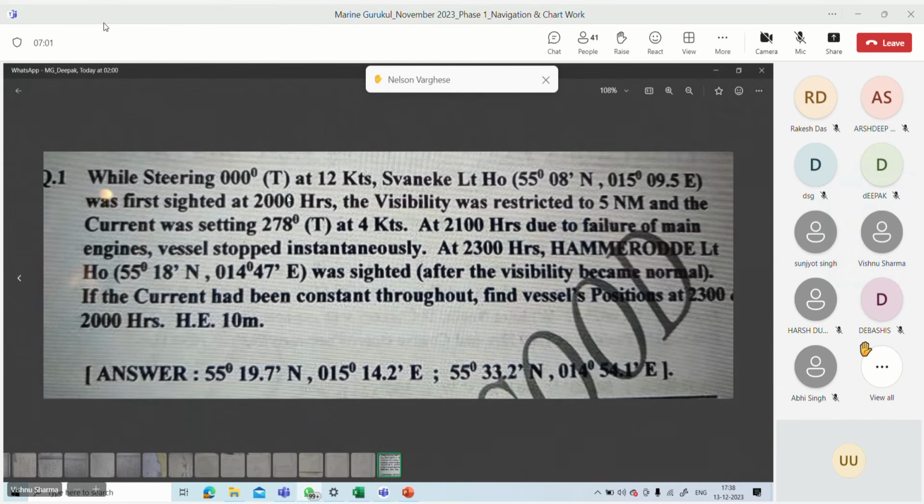Where is it written? Sir, we were taught that if no visibility is given, you take 10 miles. That is an absolutely weird assumption, because anything which is normal visibility, in your curves you do not have a normal visibility curve. Do you have that? No, sir. You don't have anything called normal, nor has the word normal been defined anywhere as far as lights are concerned. Okay, so there can be something called perfect visibility.